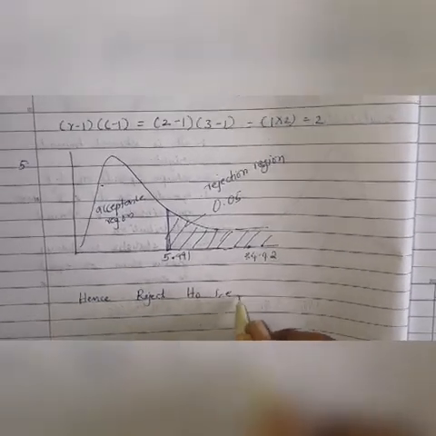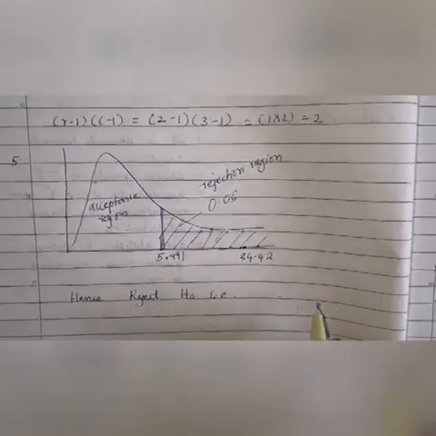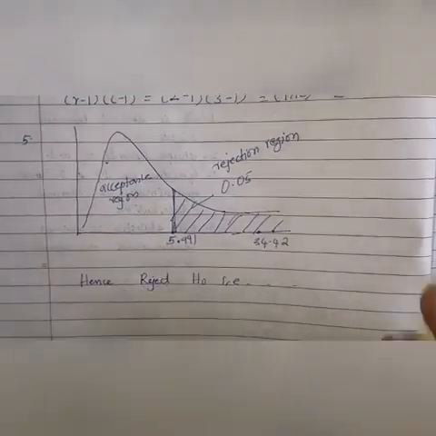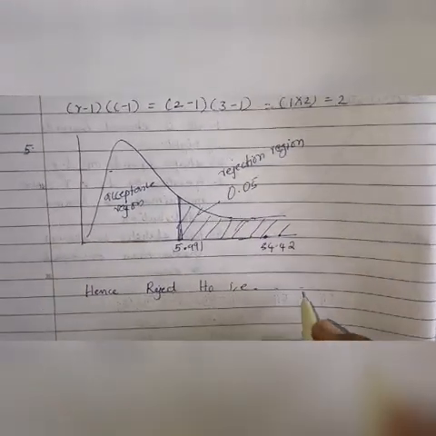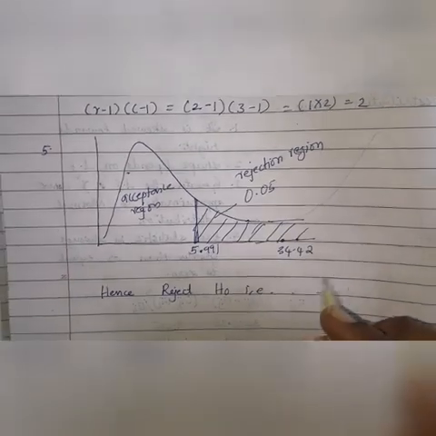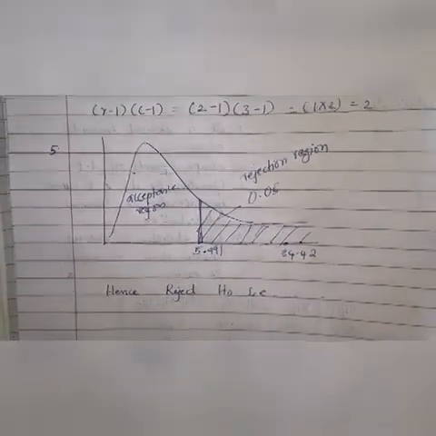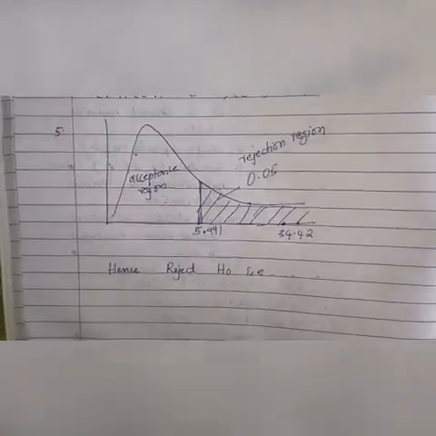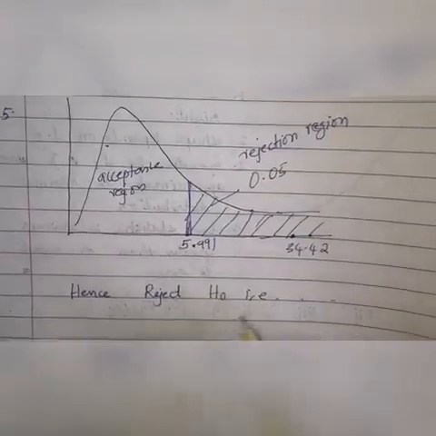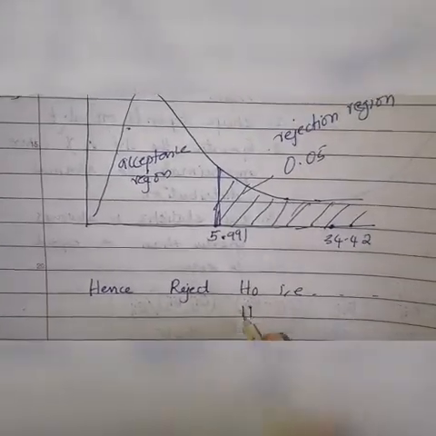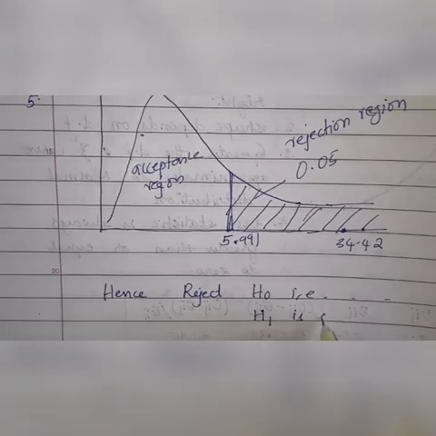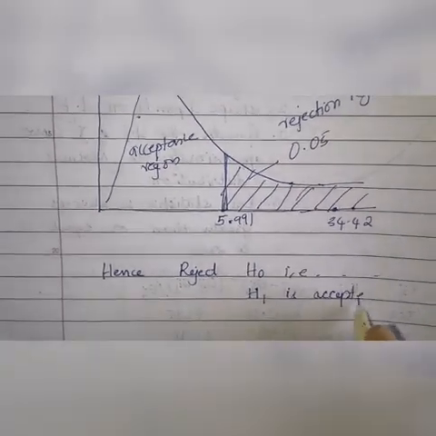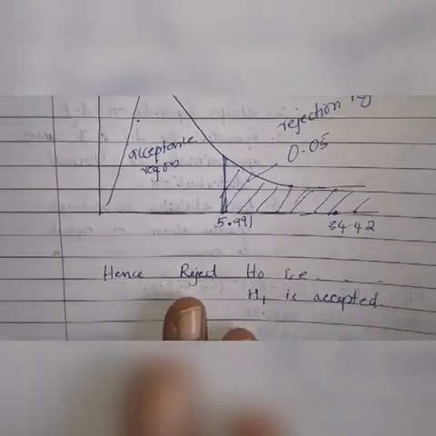That is, there is a difference in the proportions of supporters in the 3 states. Okay, so that is how you accept or reject H naught. If you are rejecting H naught, that means H1 is accepted. Okay, so this is the judgment on this problem.